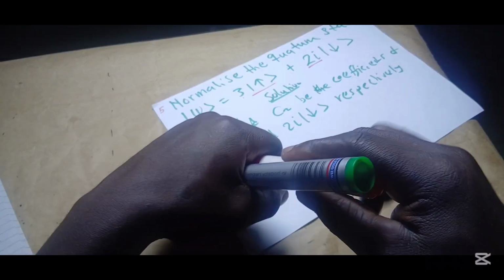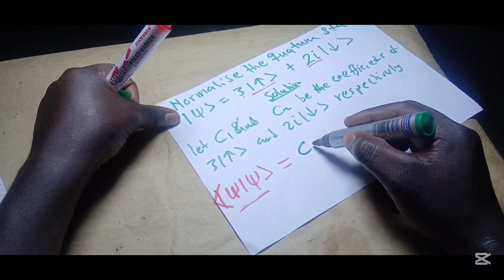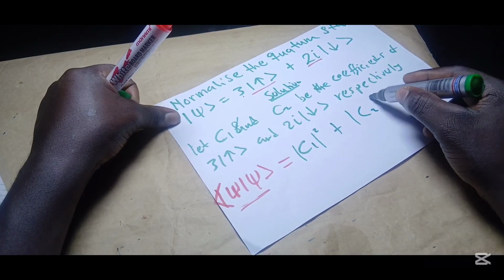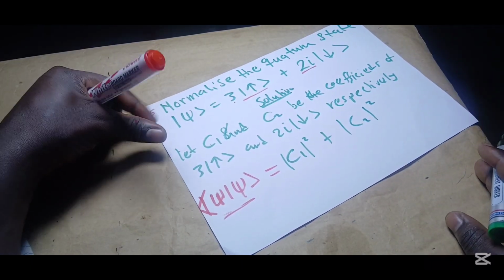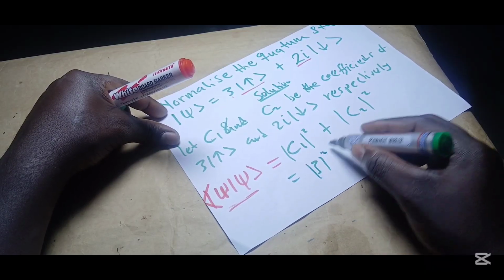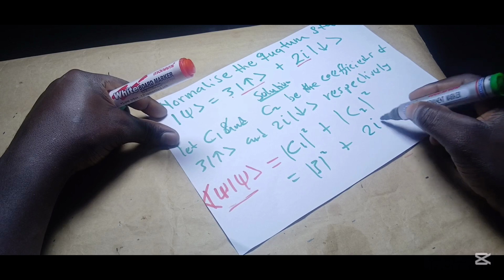So in this case, it's going to be absolute C1 squared plus absolute C2 squared. So what is C1? 3. So 3 squared plus C2 is 2i squared.